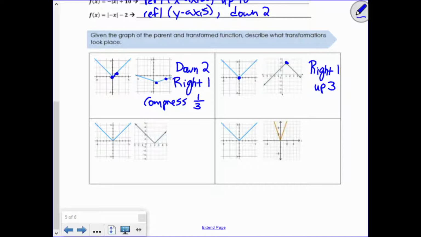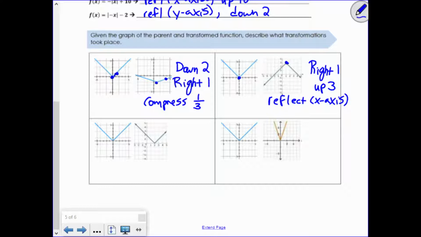Did anything change? It reflects, which axis? It goes like that. The x-axis. If you visualize that flip, whatever the line is that you're reflecting over, that's the axis you would use for your reflection. So reflect over the x-axis. That's why it's facing down instead of up.